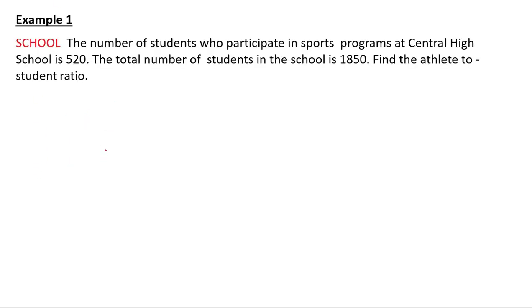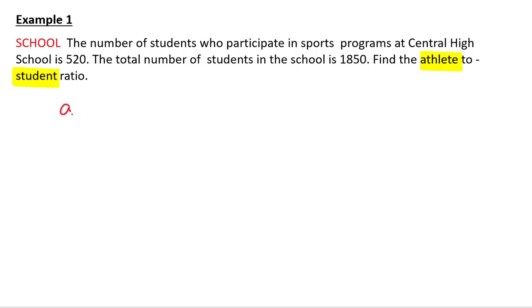First example, the number of students who participate in sports programs at Central High School is 520. The total number of students in the school is 1850. Find the athlete to student ratio. Okay, so it actually tells me exactly here: athlete to student.